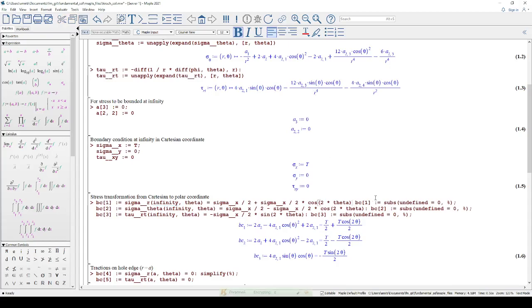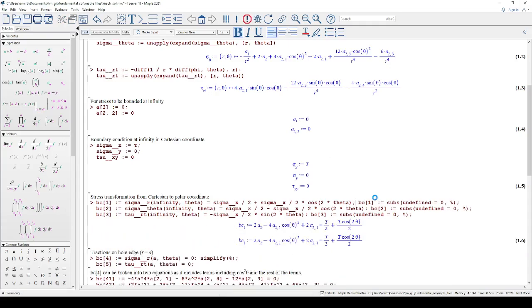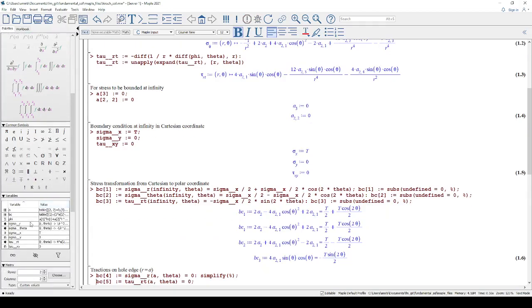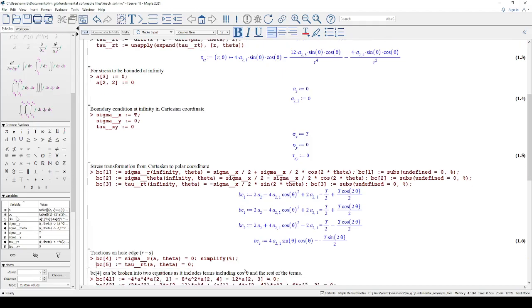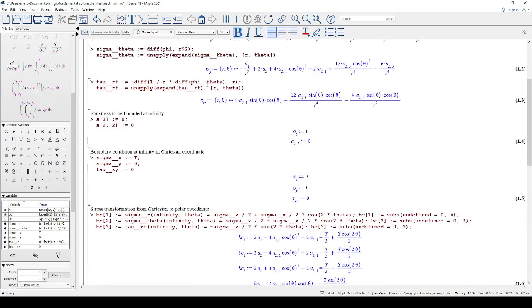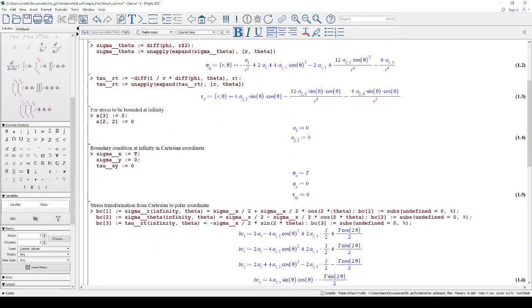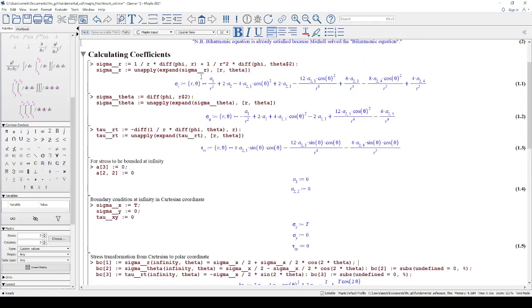So for the sake of illustration, I'm going to show you this. Let me just remove this BC here, clear everything, and remove this term here.